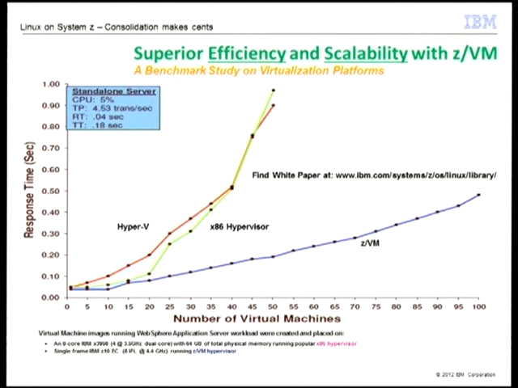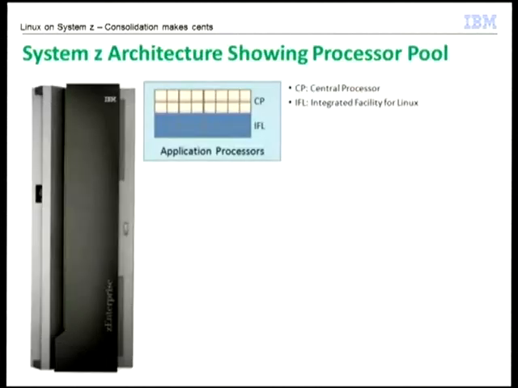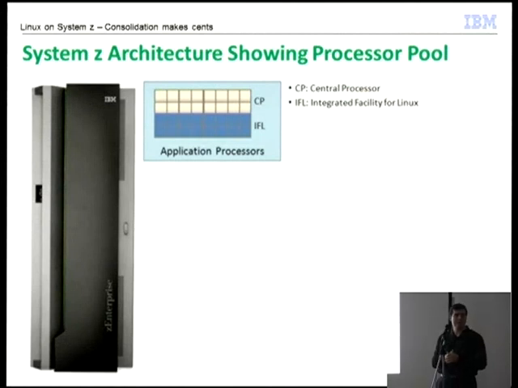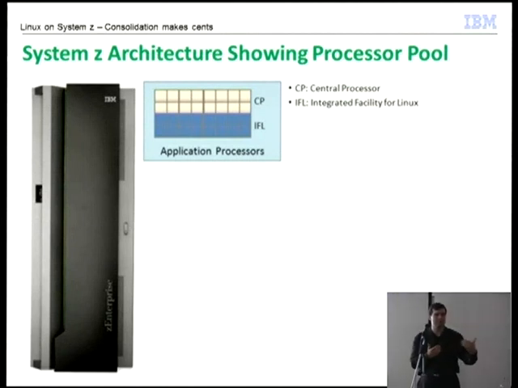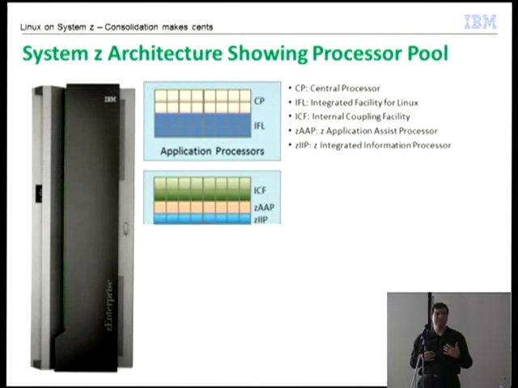The reason for that is that the Z box has a dedicated I/O subsystem. What that means is that you have some processors that you're used to from the distributed platforms, and you can compare the machines on that level. But underneath, you actually have some specialty processors, which you don't get on the distributed platform.